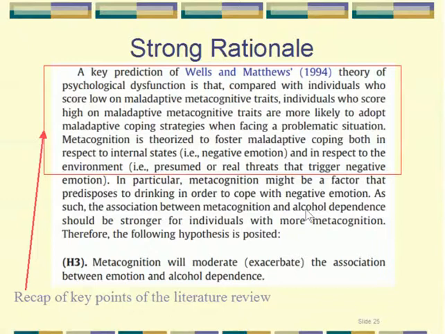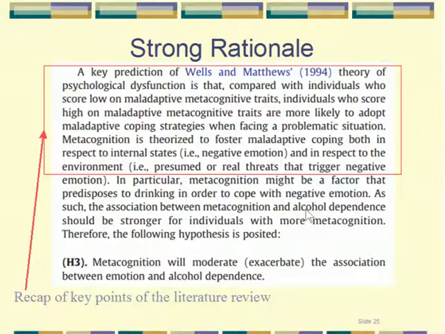Let's see an example here from a paper of mine. In this paragraph we have, first, a recap of key points of a literature review. A key prediction of Wells and Matthews' theory of psychological dysfunction is that compared with individuals who score low on maladaptive metacognitive traits, individuals who score high on maladaptive metacognitive traits are more likely to adopt maladaptive coping strategies when facing a problematic situation.